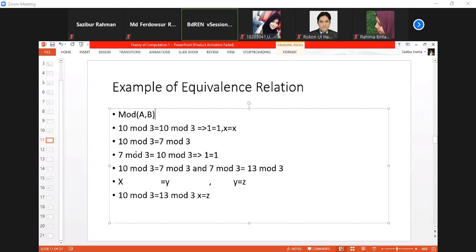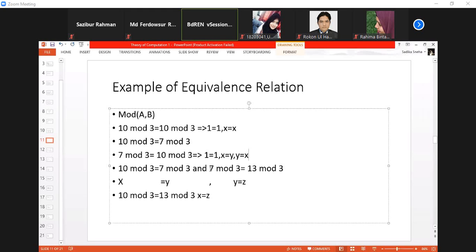So what is this part? It is the symmetric part, where we have x is equal to y and also y is equal to x. Both of these things are true. In the next part we have x is equal to y and y is equal to z.